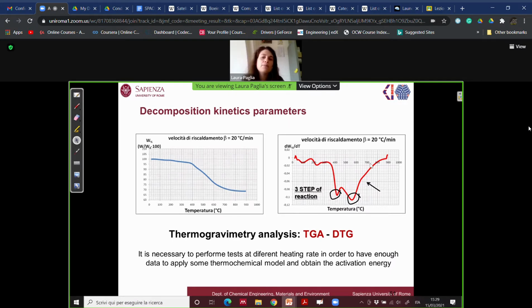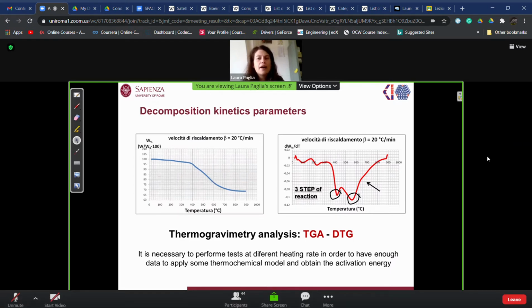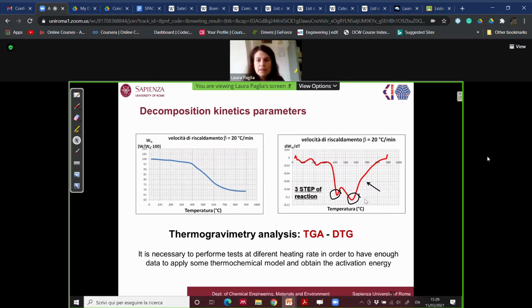These different peaks mean that there are different points in which we have a variation, and this variation can be observed very well with the derivative curve.